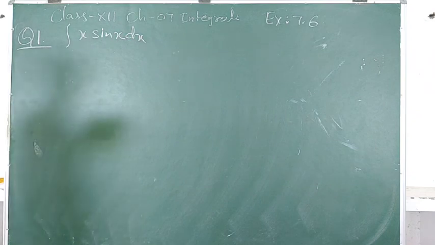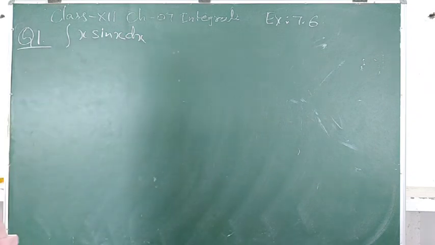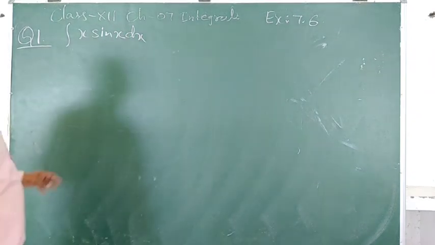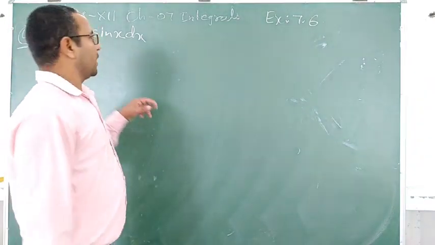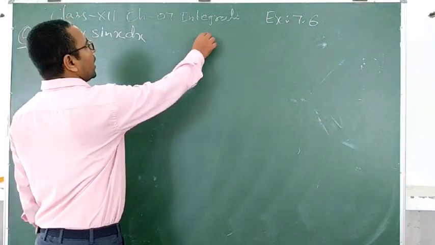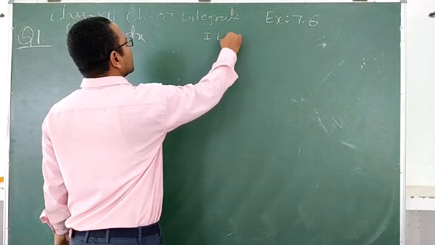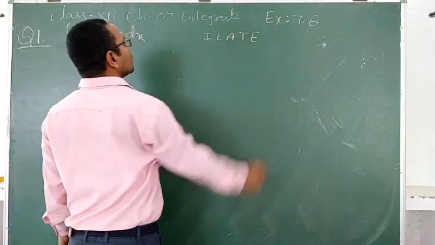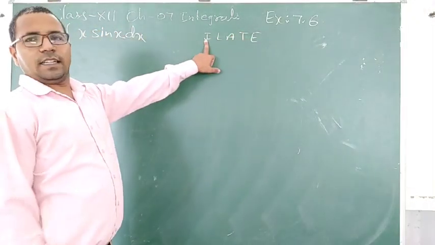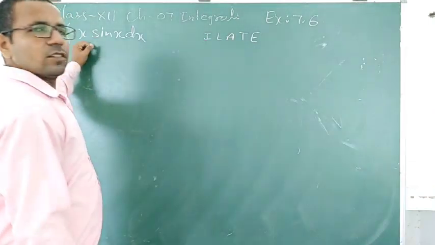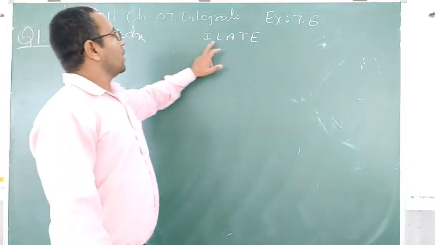So students, which function will come first, either algebraic or trigonometric? We are doing it here by Euler. So inverse, check it, inverse trigonometric function is not here. So this one is not.